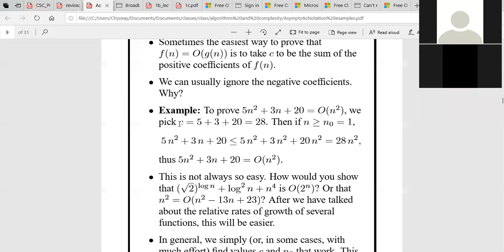Now, the c for this f of n is going to be the sum of 5 plus 3 plus 20, which is 28. So if we pick c equals 28, then we can comfortably say that if n is greater than or equal to 0, then n can be equal to 1.